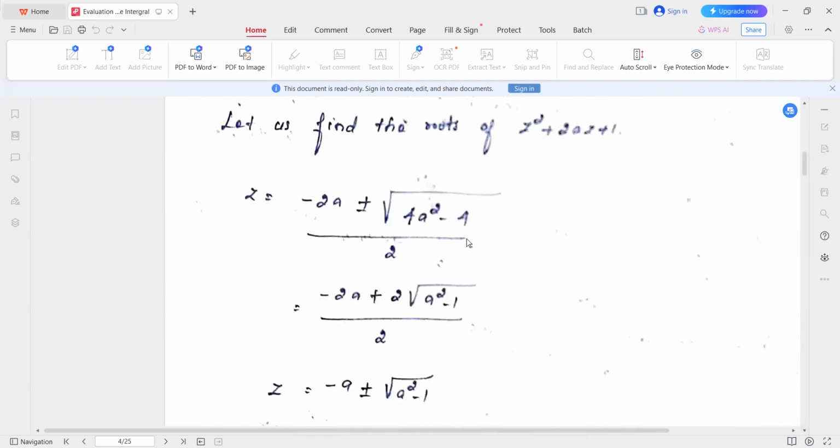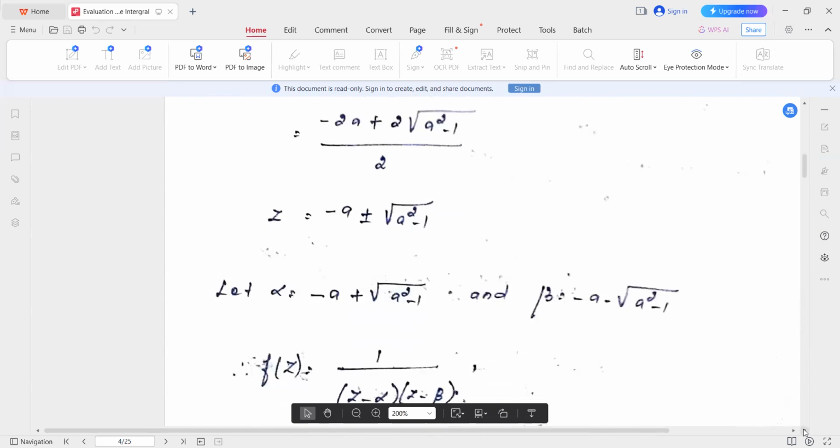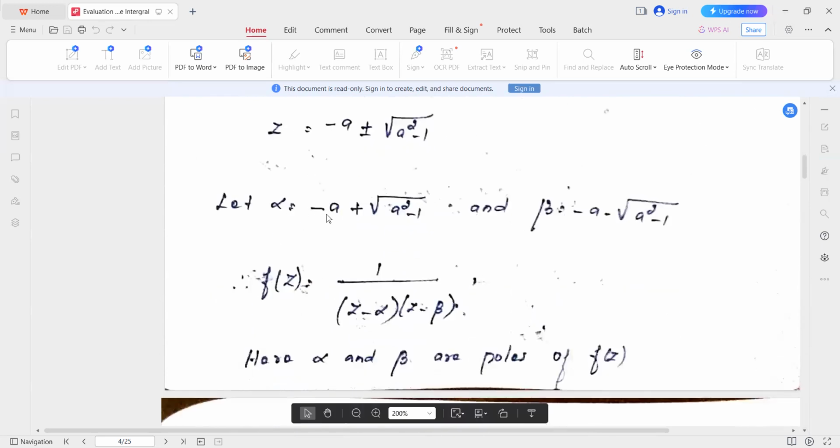By using the formula, the roots are minus a plus square root of a square minus 1, which is denoted as alpha, and the other root is minus a minus square root of a square minus 1, which is denoted by beta.